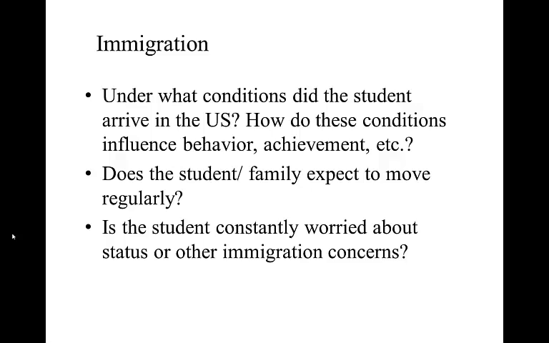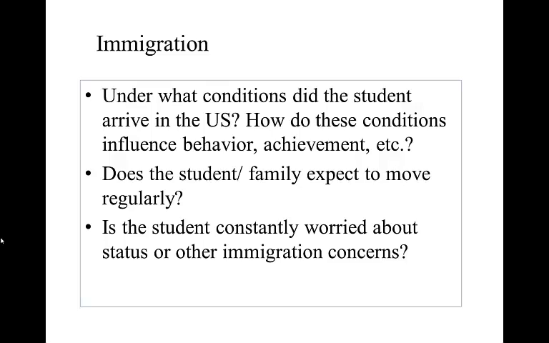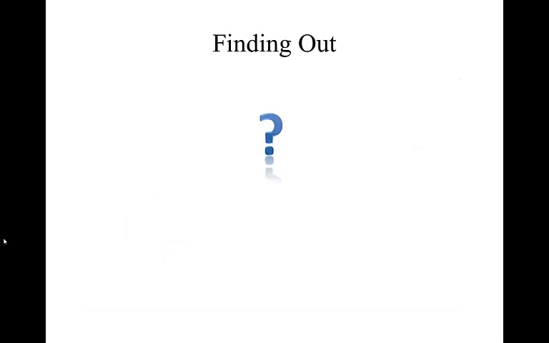Does the student have concerns such as that immigration will come take members of their family, or that they will be persecuted in some way by other members of American society? If so, these concerns could interfere with coursework. How do teachers find out about immigration?